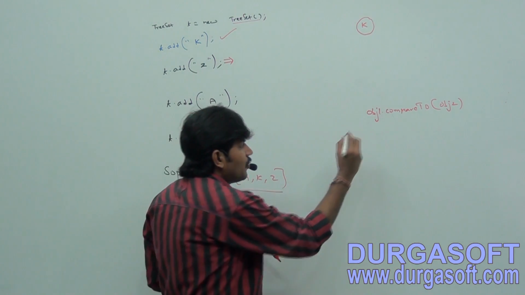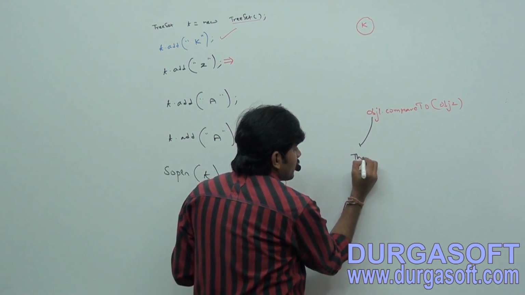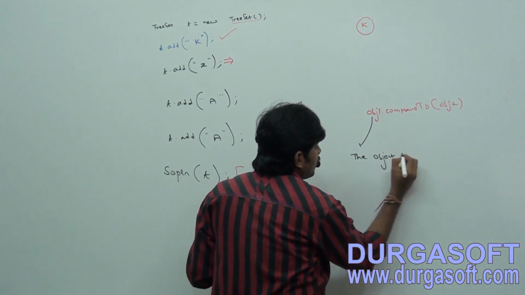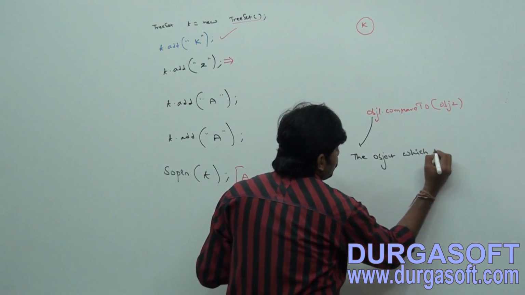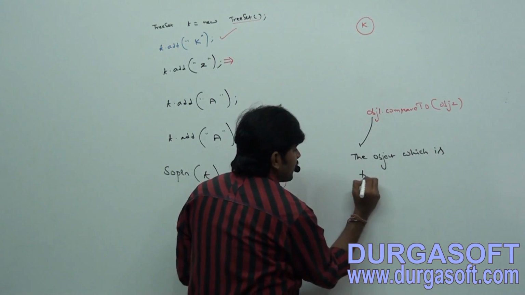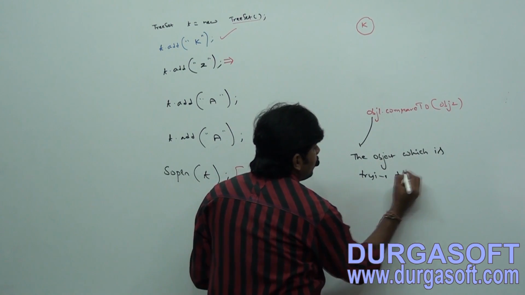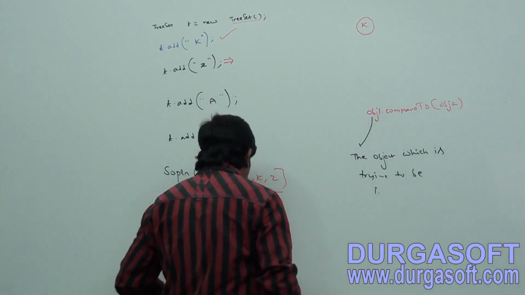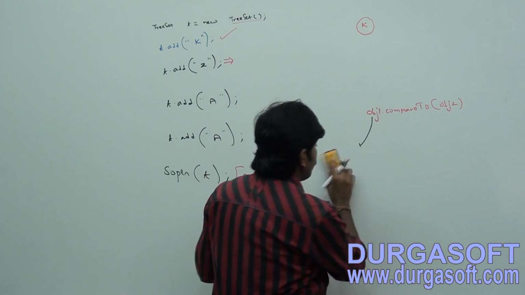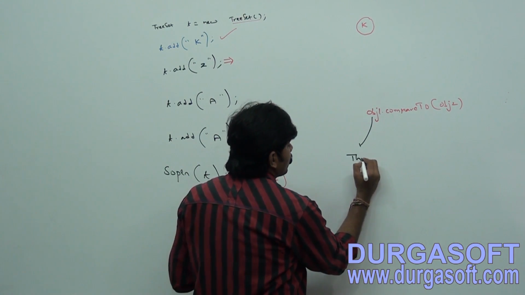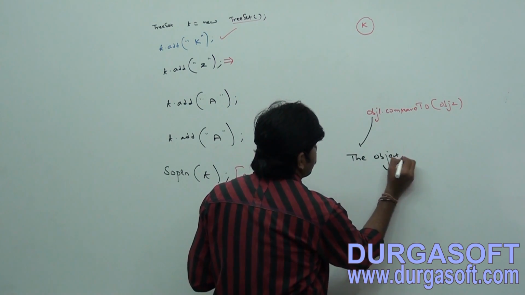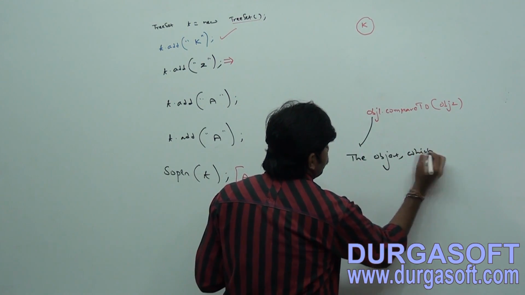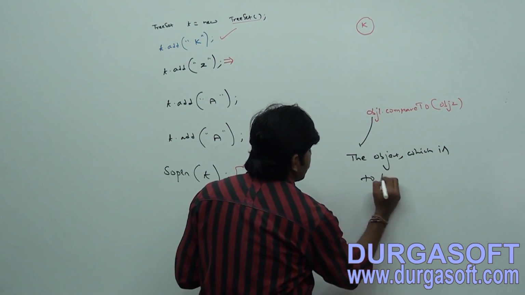Remember this one: obj1 means the object which is being inserted, the object which is to be inserted.